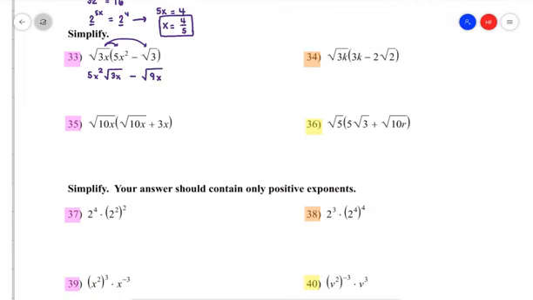And then we'll simplify as much as we can. Square root of 9 is 3, so we can take out that 3. But 3 and x are not large enough to simplify. So we end up with 5x squared times the square root of 3x minus 3 times the square root of x.